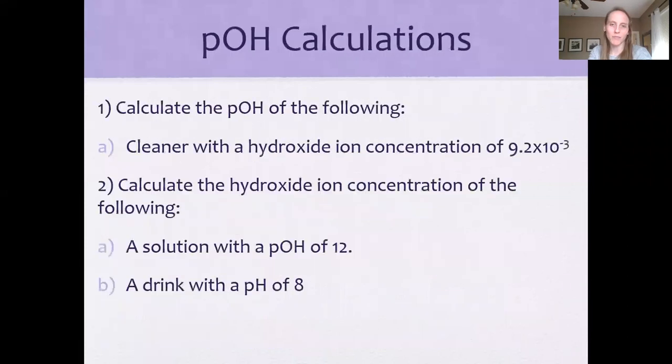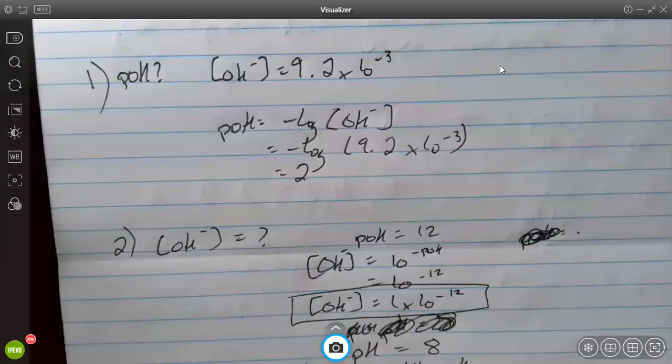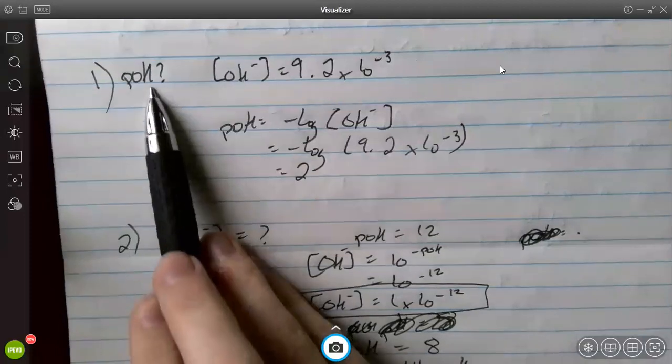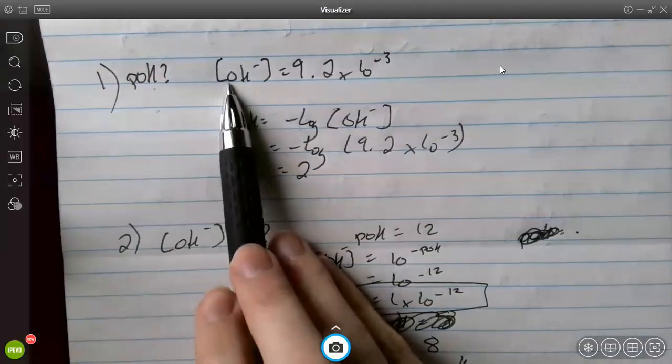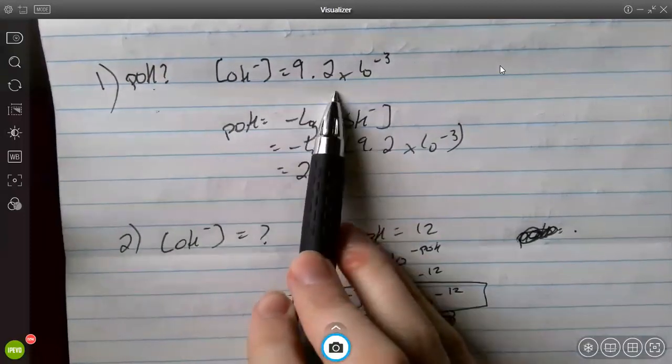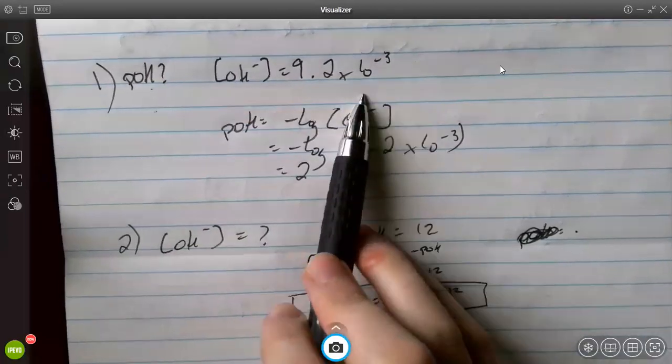Let's try the pOH calculations now, which are going to work very similarly. Maybe try these ones yourself first and then double check with what I'm about to show you. Okay, so the first question asked us to find the pOH if the hydroxide ion concentration was 9.2 times 10 to the negative 3.